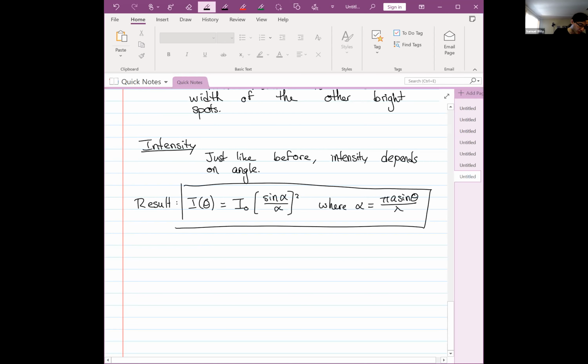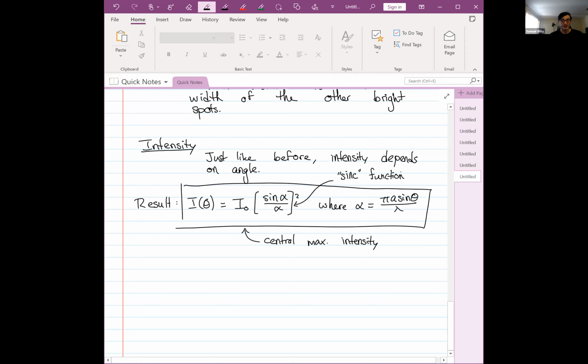So it's a nasty function. It really is. This I naught is the central maximum intensity. And this function actually has been given a name. When you have sine of something divided by that something itself, it's called the sinc function, S-I-N-C. It shows up pretty regularly. That's why it has a name. But it's literally just, sinc of x is sine of x divided by x. That's all.